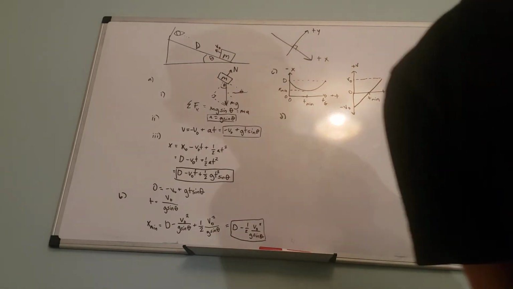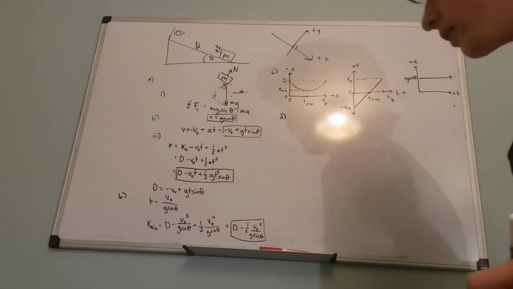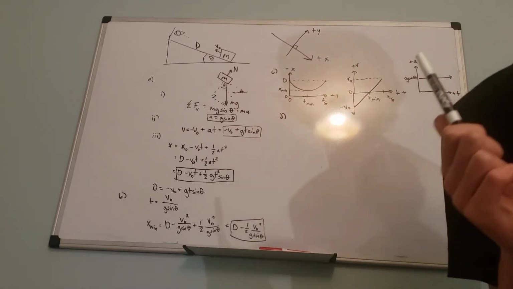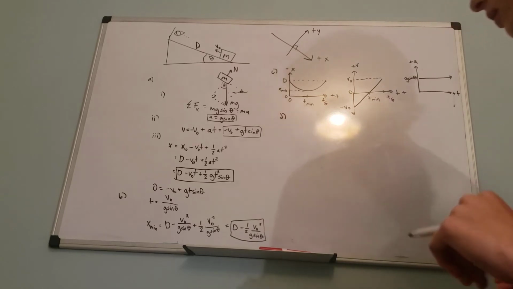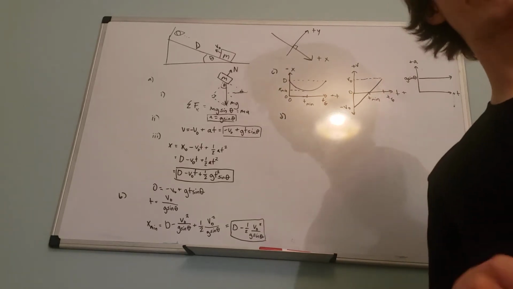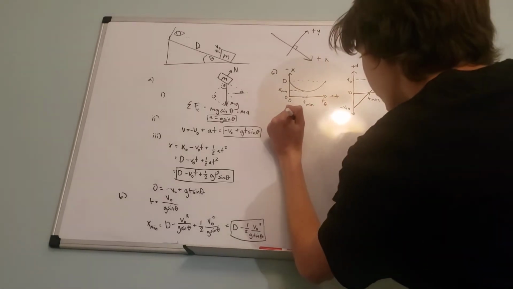Now we're asked to, so after the block reaches the ground, it is going to slide along the ground, but the ground has friction, and it's giving us a frictional constant, mu k. So I'll just draw a free body diagram of the mass on the ground. In this problem, the friction only acts on the block once it has reached the ground.